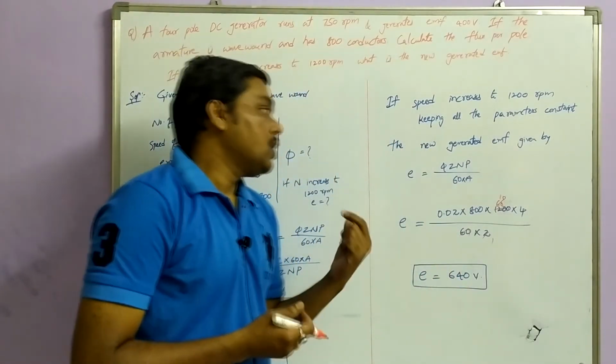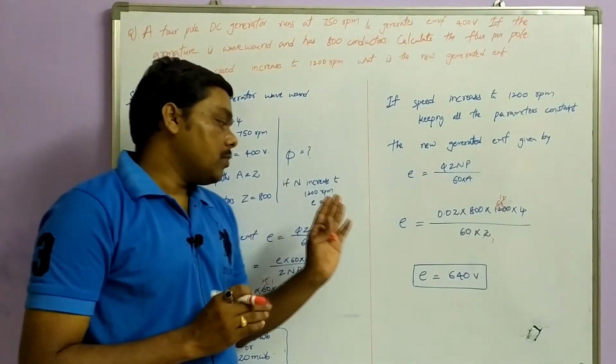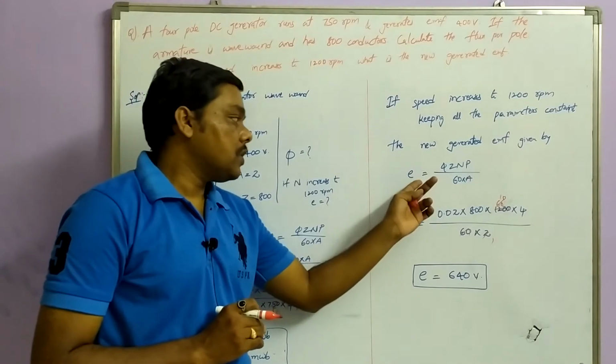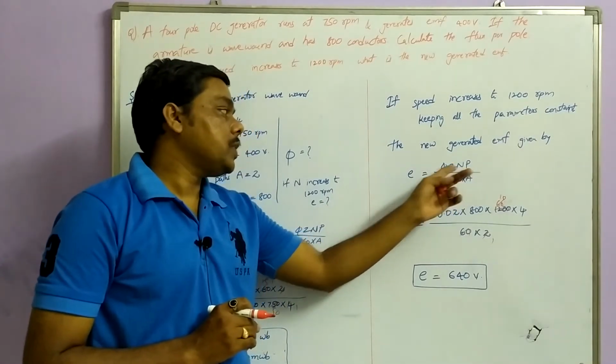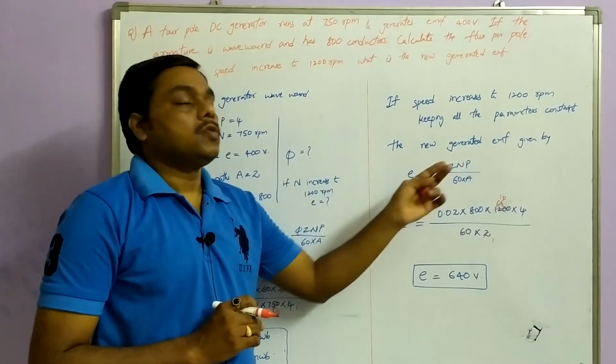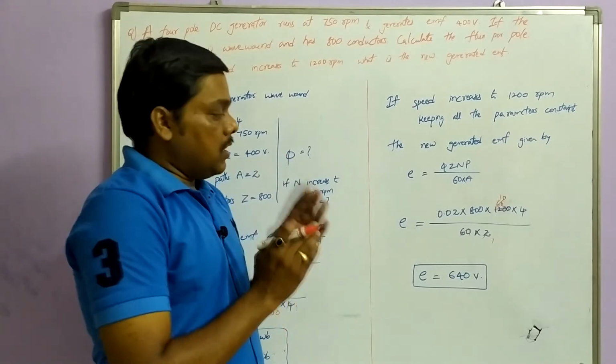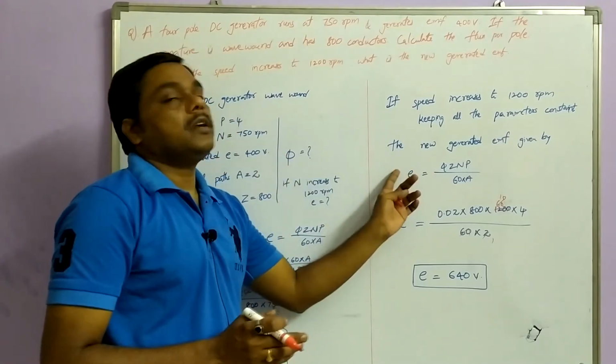So the relation between speed and generated EMF: E is directly proportional to speed, and E is also directly proportional to flux. So as your flux and speed change, they will immediately affect the generated EMF.